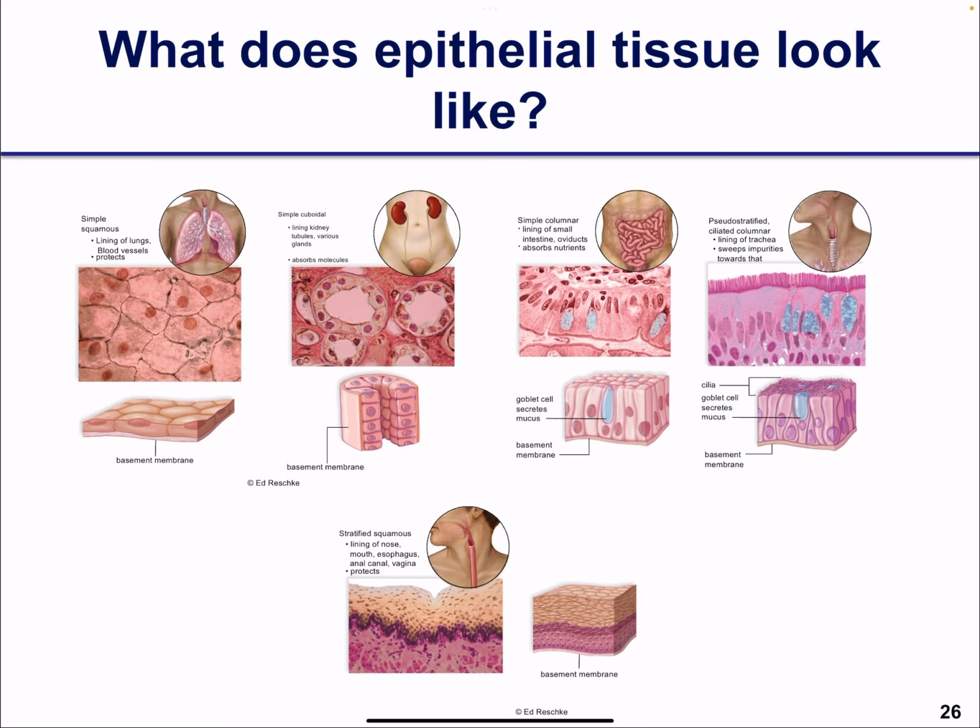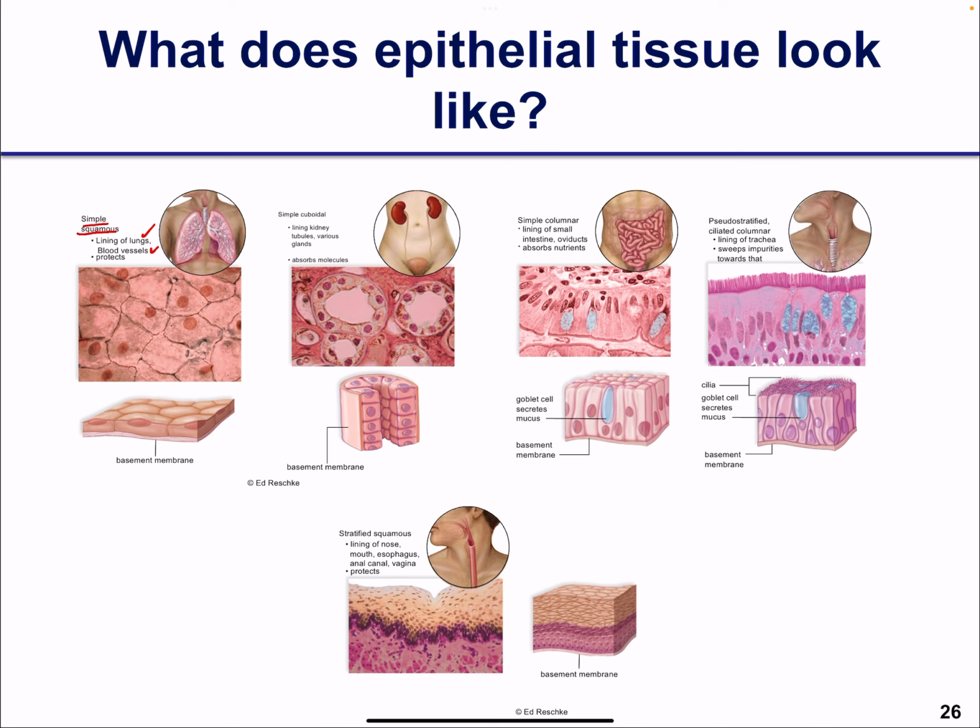All right, so the simple squamous epithelia, what is an example of organ where we find that epithelium? So the simple squamous epithelium is found in the lungs, in blood vessels. What is their job?